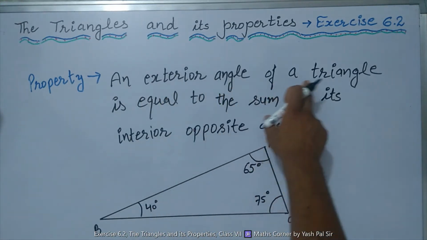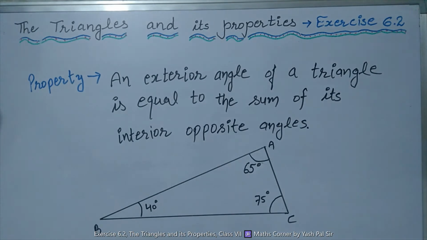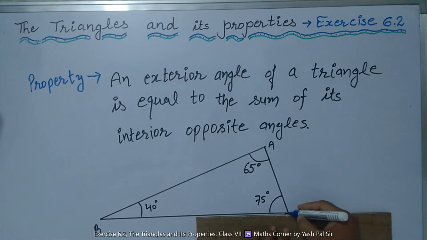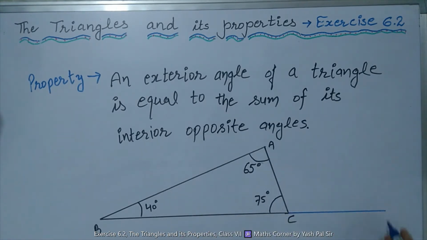An exterior angle of a triangle. So first of all, we draw one exterior angle. How to draw the exterior angle? This way, we draw one exterior angle like this, right? The name of this point is D. Now this is the exterior angle.